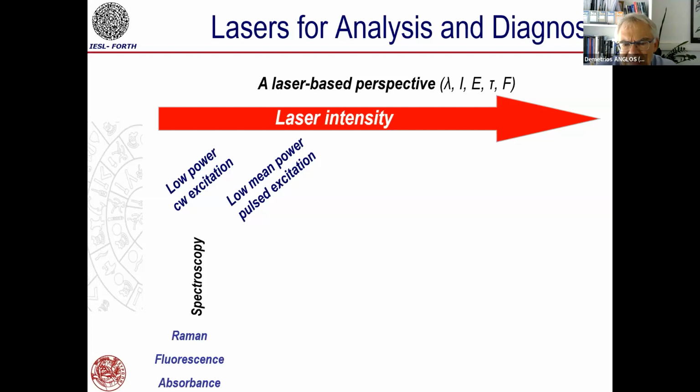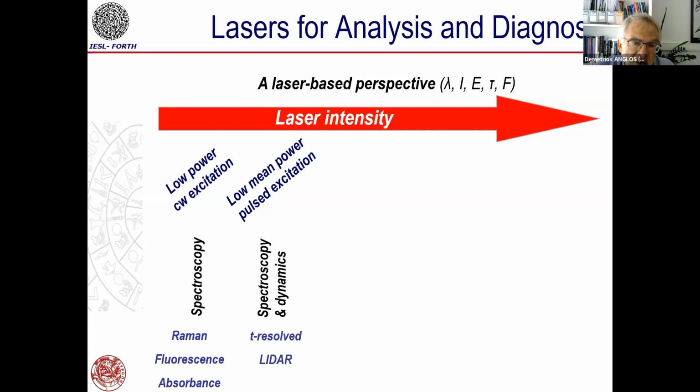Now, we can continue in this respect, but change the type of irradiation to pulsed. So we use pulsed beams. If the mean power, the average power of the laser pulse train is low, we continue doing spectroscopy, but we can also exploit the temporal resolution offered by the source and do dynamics or do kinetics, if you like.